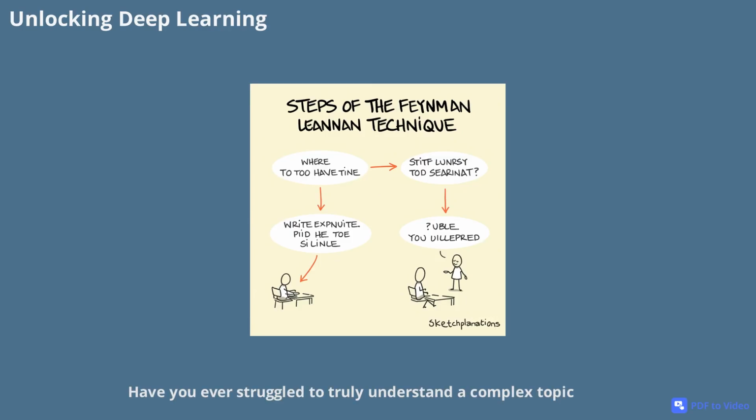Welcome. Have you ever struggled to truly understand a complex topic, only to forget it soon after? Today, we'll introduce you to a powerful method that can transform the way you learn, the Feynman Technique. Named after Nobel Prize-winning physicist Richard Feynman, this approach goes beyond memorization.